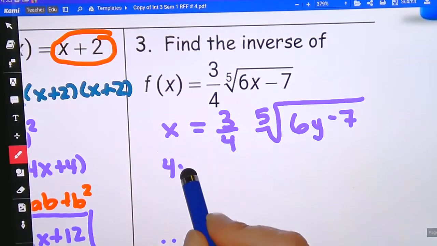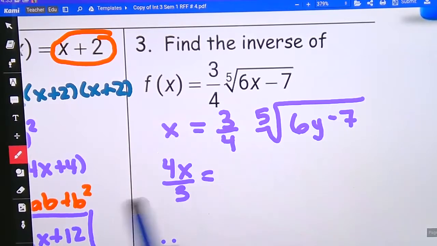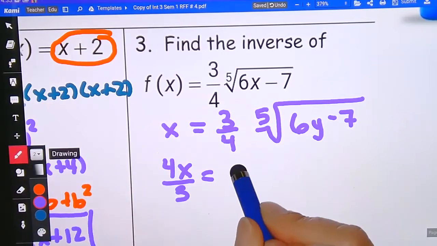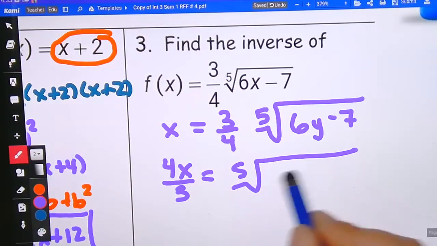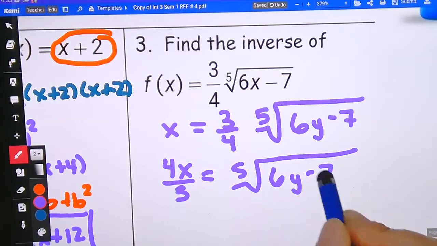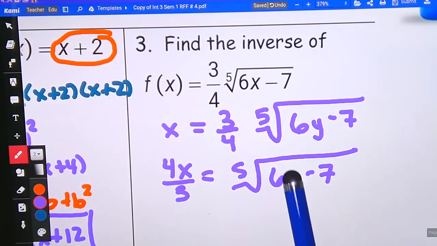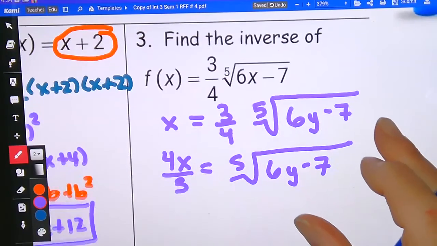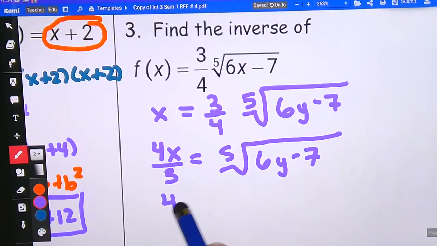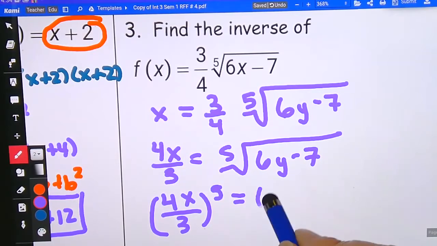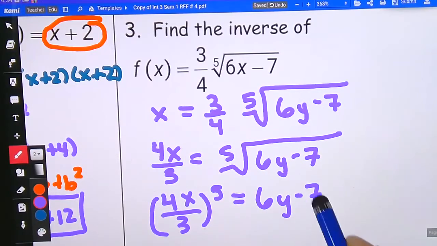So I get 4x over 3 equals the 5th root of 6y minus 7. Now I need to undo the 5th root, so I'm going to raise both sides to the power 5. So I'm going to have (4x over 3) to the 5th is equal to 6y minus 7.